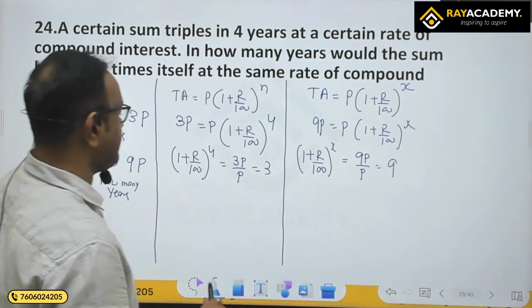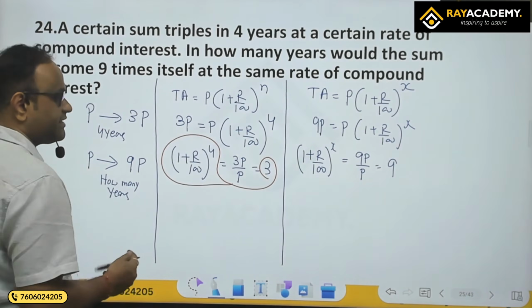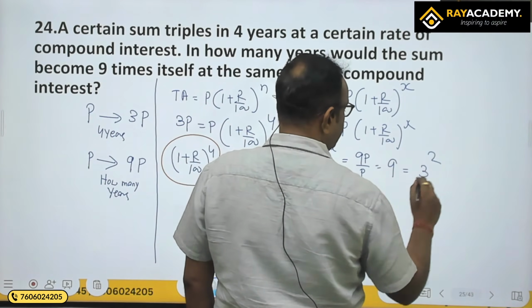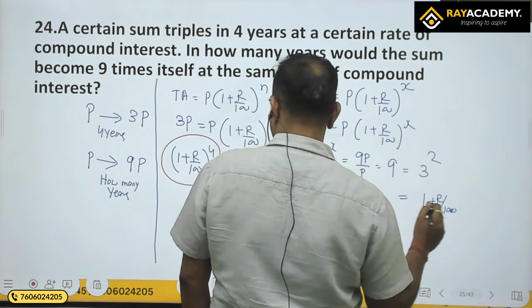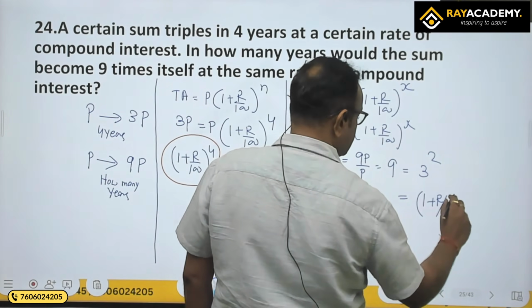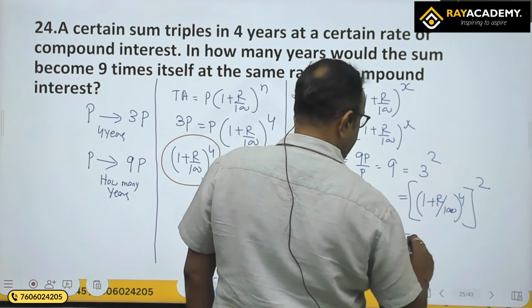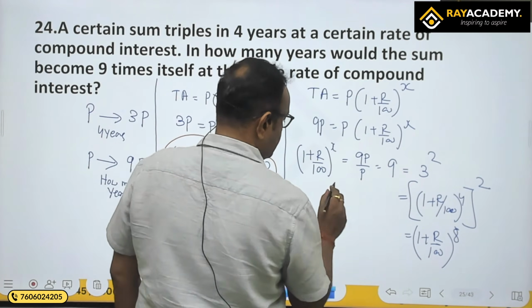How to solve this? You know 3 is 1 plus R by 100 to the power 4, so we have to write it like this: 9 is 3 square. So you can say 1 plus R by 100 to the power 4 into 2, that is 8.